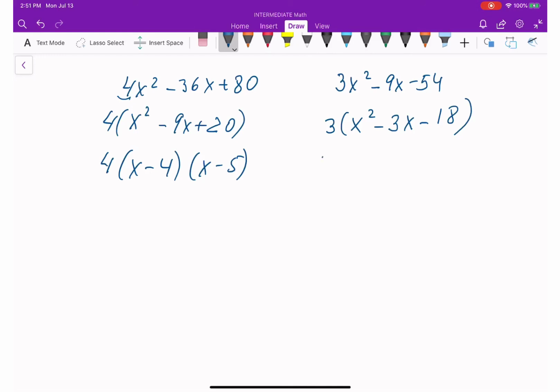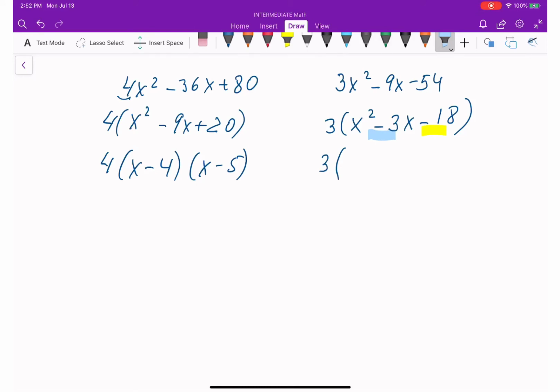Okay, let's see if we can factor. Ooh, we have an interesting case, both numbers are negative. Well, that means, since the product is negative, we have one positive and one negative, right? In this case, we are going to have the bigger number negative. So we need numbers whose product is 18 and whose summation will give us negative 3. It's going to be negative 6, positive 3, right?